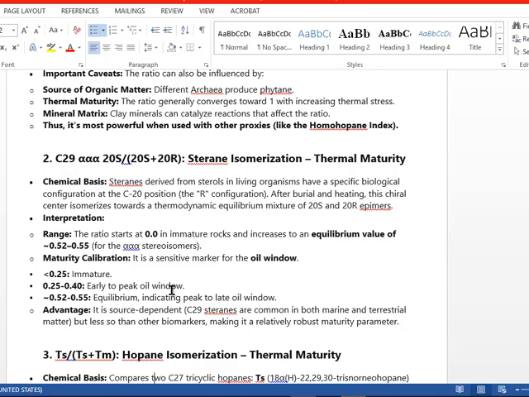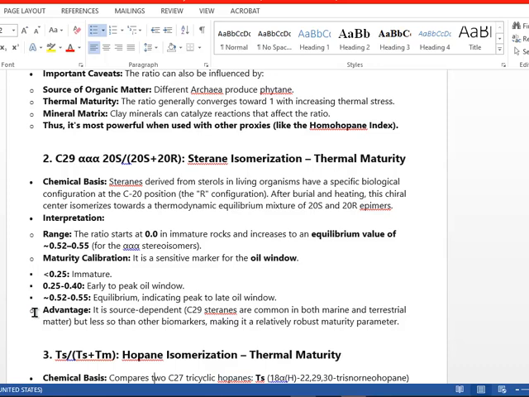0.25 to 0.4 means that it is in the early peak window, that is, it is maturing. Then 0.5 to 0.55 means that it is at the peak, really matured, so we call it the late oil window.